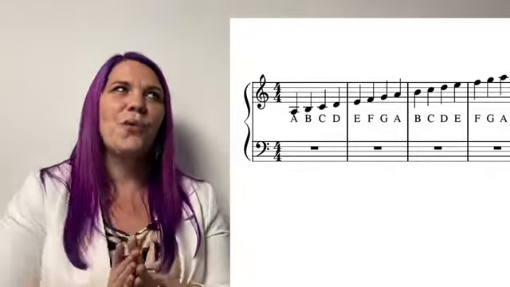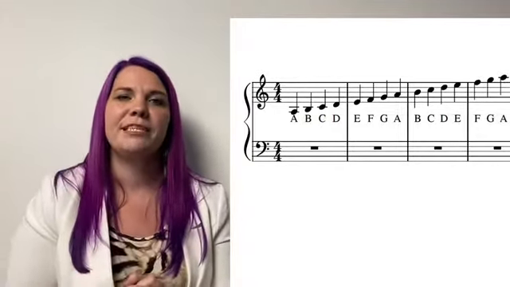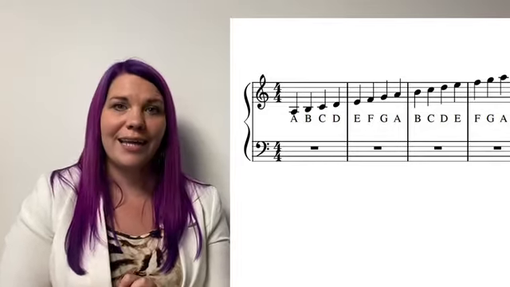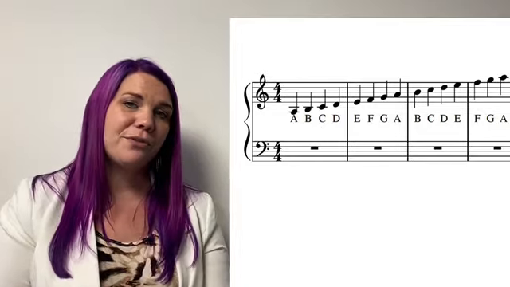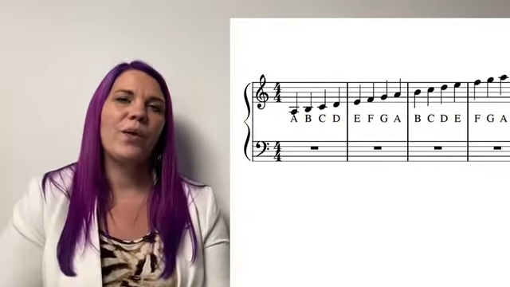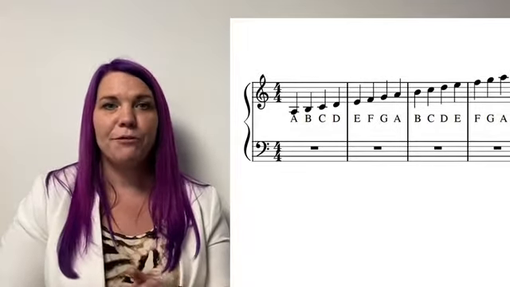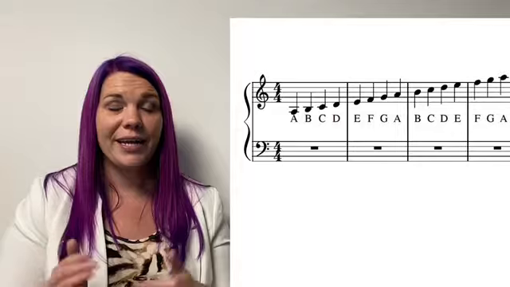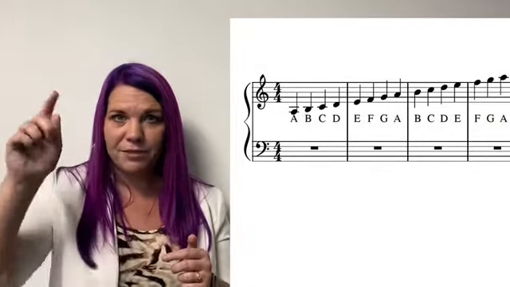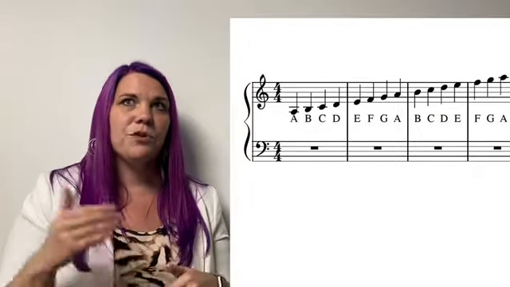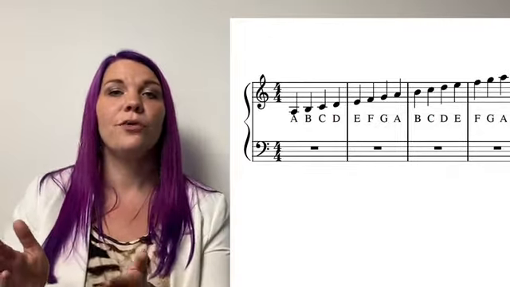What I don't want you to do, however, is take every piece of music you have and write the letter names for all of the notes underneath everything. Because if you do that, you won't get any quicker at identifying what the notes are. If you just learn 2 or 3 and count up and down from there, the more you do that, the quicker you will recognize that that space is a certain note name.